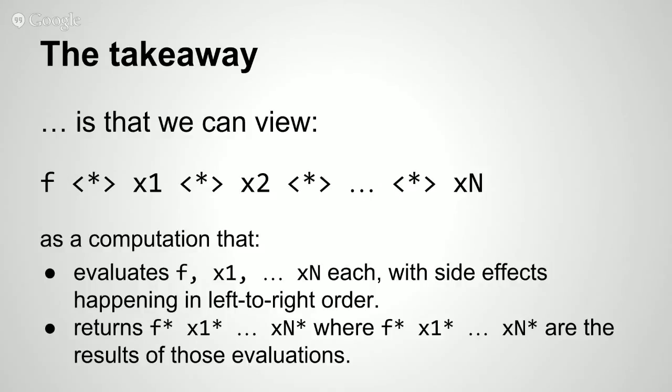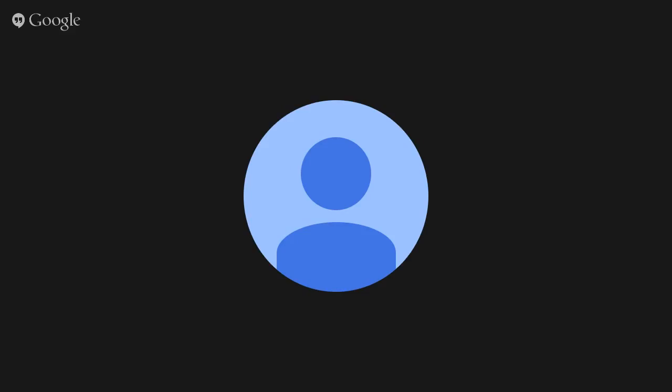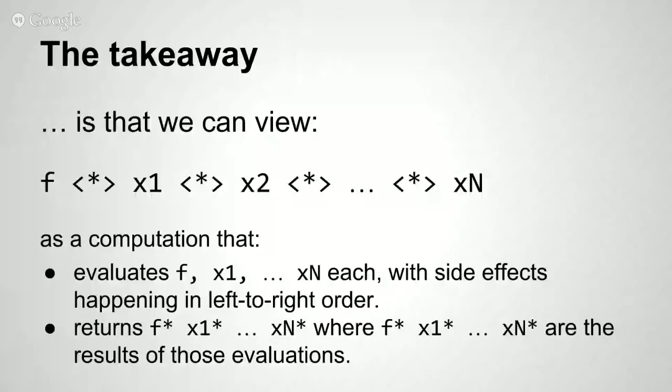And then it returns f star, where f star is the result of evaluating f, applied to x1 star, which is the result of evaluating x1, and so on, where you evaluate the subterms before you put them into the main function. That's how that works.